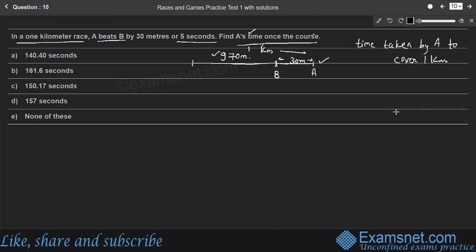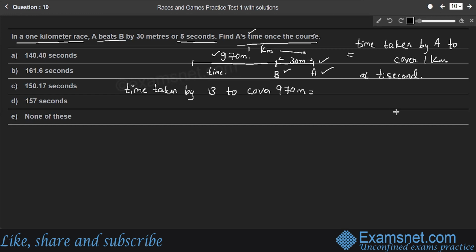If you find the time taken by B to cover 970 meters, that time will be equal to the time taken by A to cover 1 kilometer. For example, if both of them take t seconds, at t seconds A reaches 1 kilometer and B reaches 970 meters.